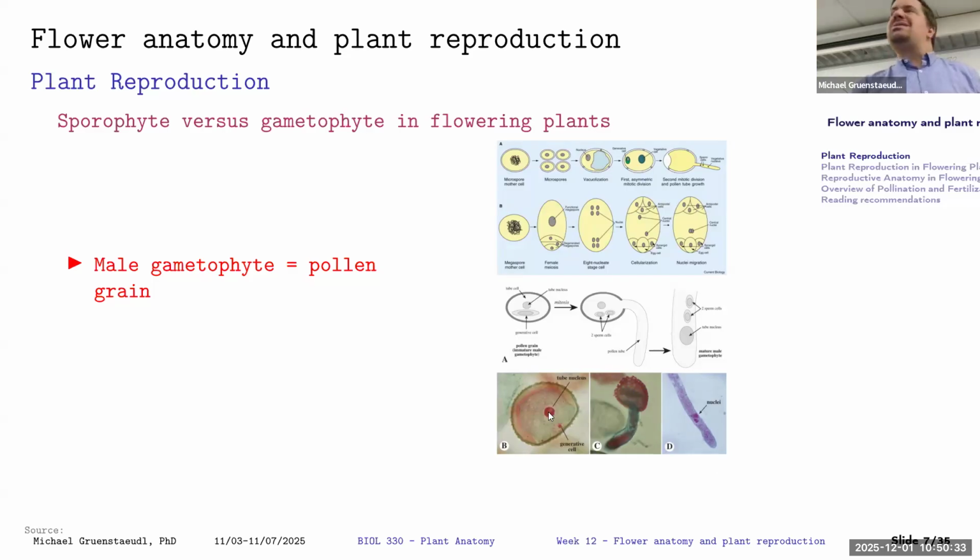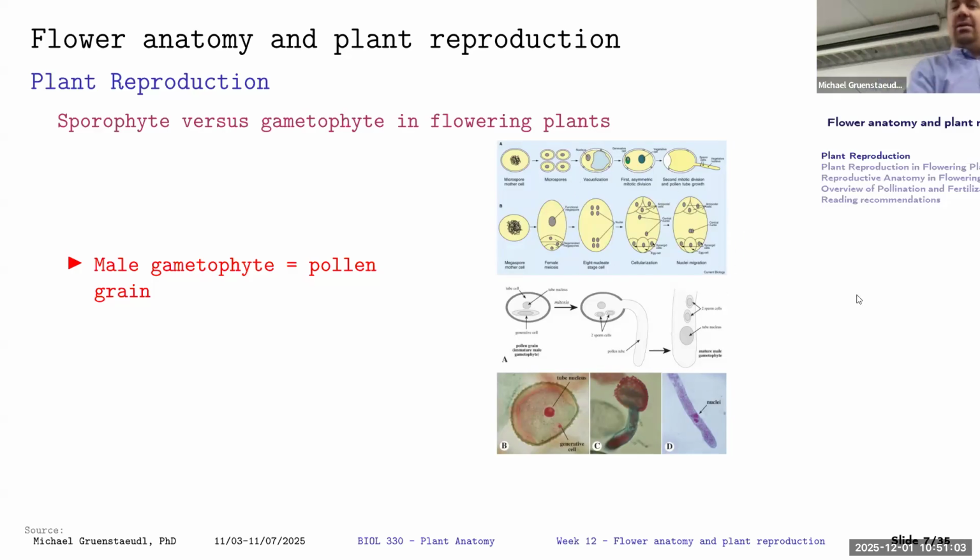Its nucleus will disintegrate. The generative cell will mitotically divide later on one more time. And the two nuclei that the generative cell forms will be the ones that double fertilize the ovule. Okay? Just that generative cell. This will be the one that double fertilizes the two cells of the female gametophyte here.